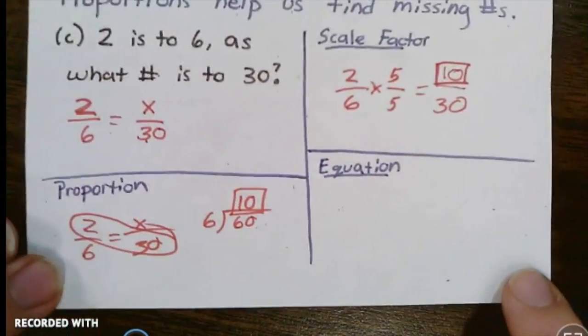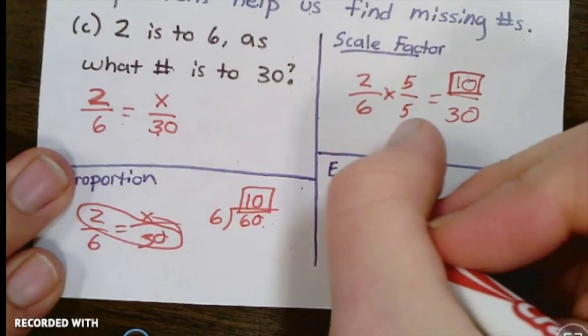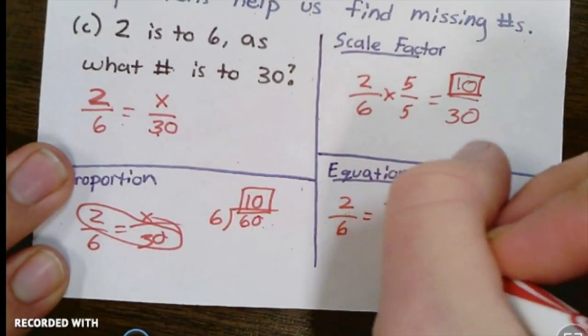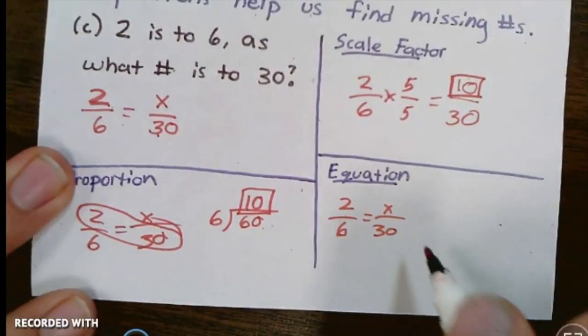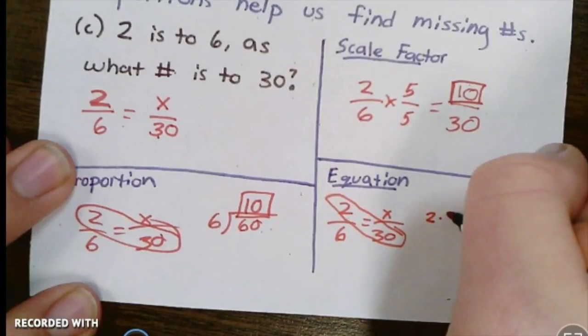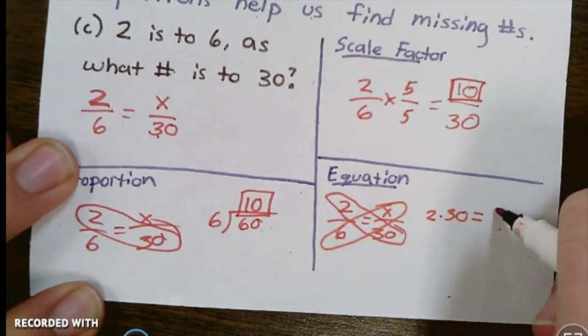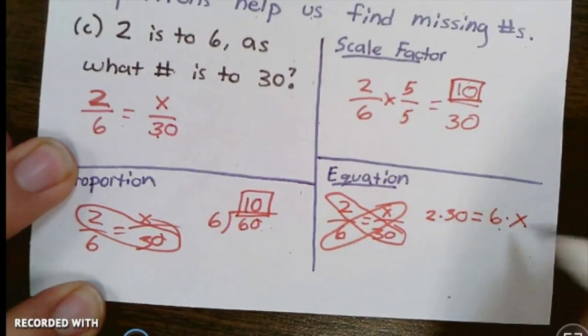Or I can use an equation, which I'll do with cross products, to show you that fun one. And you will eventually learn all these ways and need to know how to do them all. So I'm going to say 2 times 30 equals 6 times x.